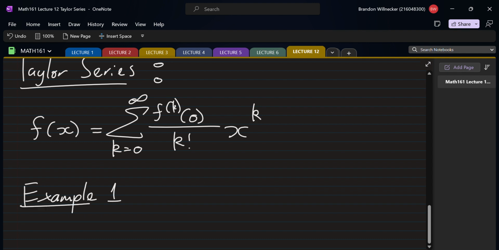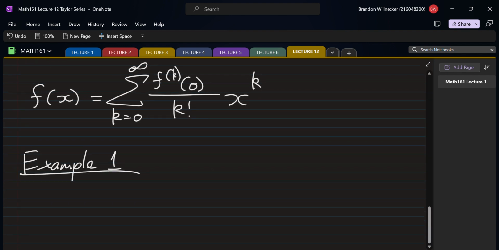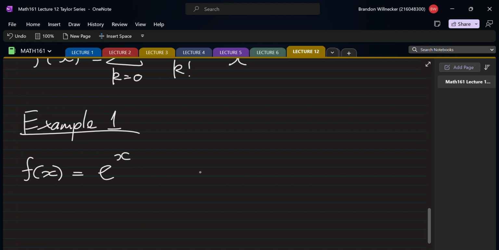Example 1. So for this first example, we have f of x is equal to e to the x. This is the simplest example that we can look at. So with this one, we see that it doesn't matter how many times we take the derivative, we just get the function back.